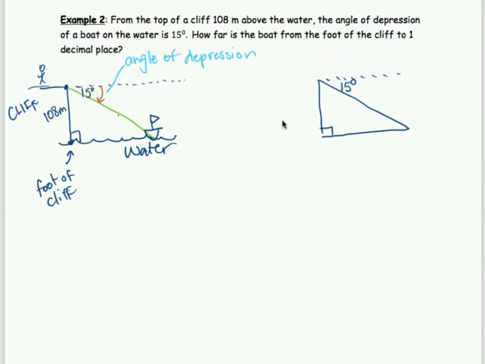What else do we know? We know the height of the cliff is 108 meters. And from the foot of the cliff to where the boat is, that's what we have to find. Cliff to boat, right there.